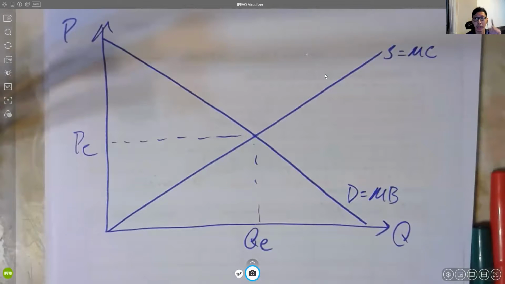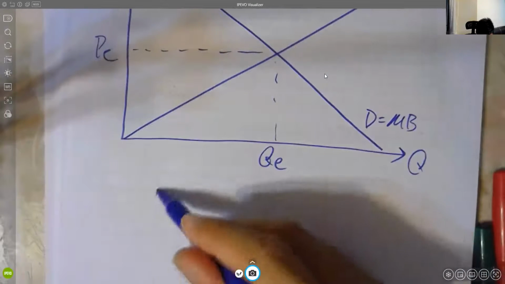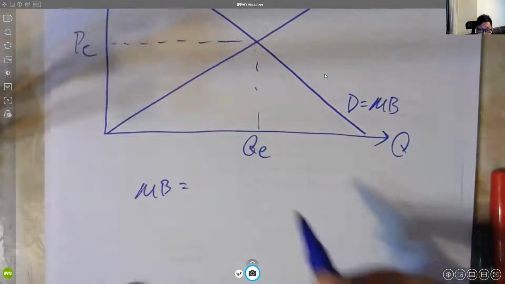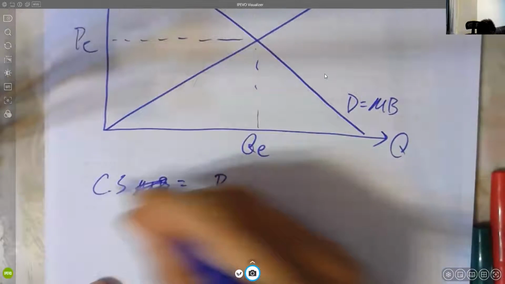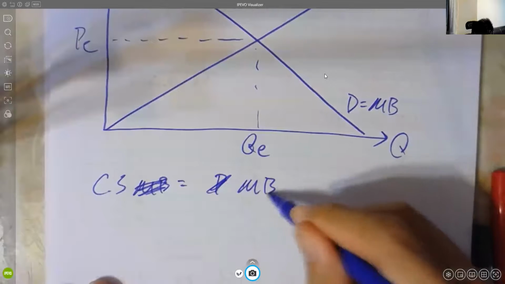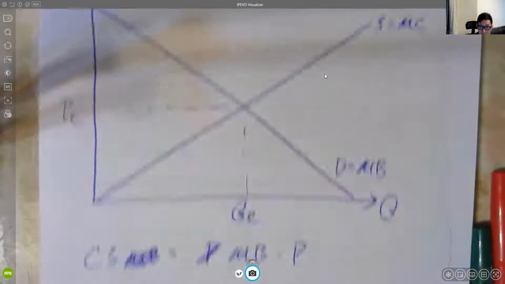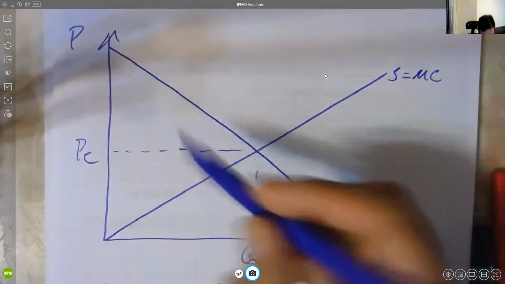So how do we find CS and PS? Now, here, let us slow down. Remember, again, let's recall. CS is the difference between price and MB, right? So let's see. From here, do you see this is the MB curve?